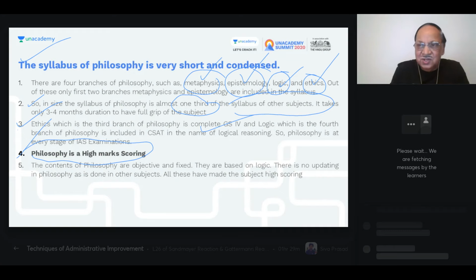It is based on certain logic, certain arguments, and the time you understand the argument, you write it: it is on this basis that the philosopher substantiates this view. Marks in abundance. So I always tell my students, don't beg for marks from the examiner. You command the examiner to give the marks, because of the subject you are going to study. So philosophy is high marks fetching.